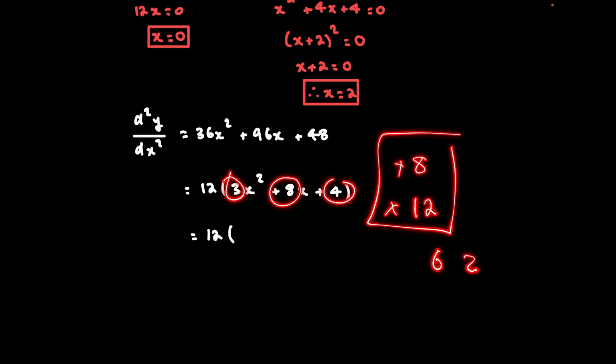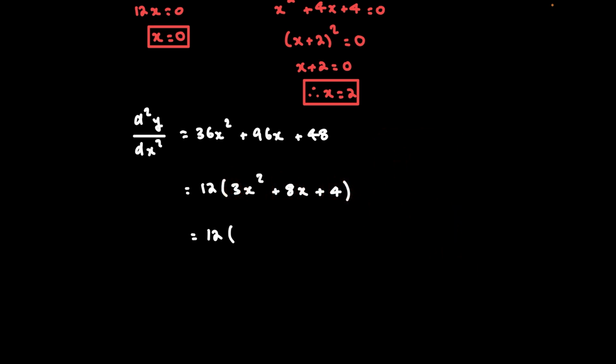Recognizing this, I can see that 6 and 2 work just fine. So in trying to factorize this, we'll have 3x plus something and x plus something, and I can see that we would have 3x plus 2 and x plus 2. That's what I think will work.